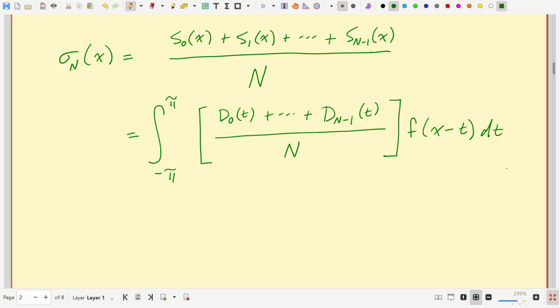And so I'm just using that formula that I derived 2 times ago, and this is what was called the Fejér kernel. I don't think Fejér called it after himself. Somebody else did that, but this is the Fejér kernel, Fn of t.